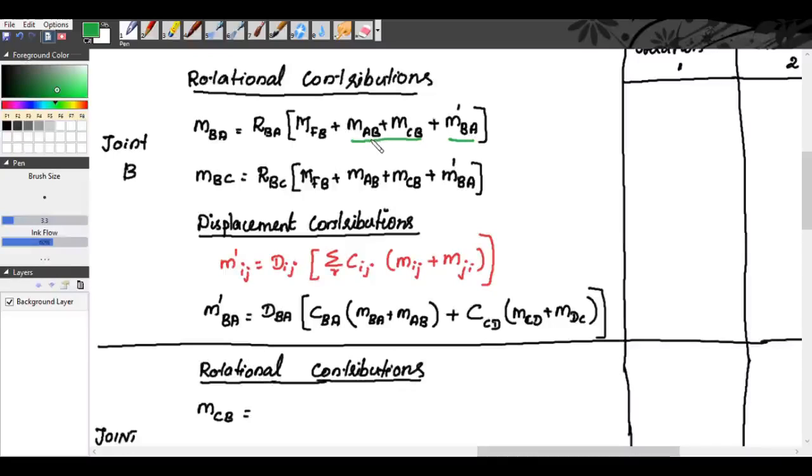So here RBA is always the same, that is not going to change. So RBA is minus 0.2857. The restrained moment at B is also always the same. So here it is minus 2.